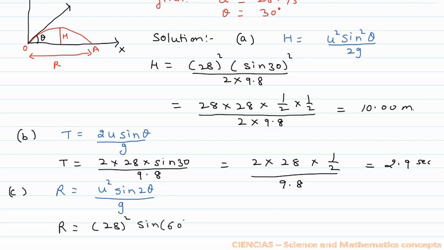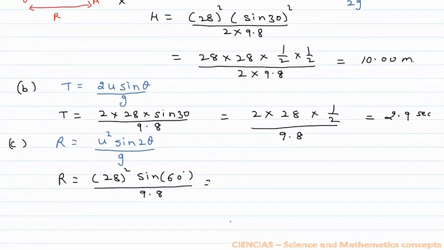That is equal to 28 multiplied by 28, sine 60 is root 3 by 2, divided by 9.8.